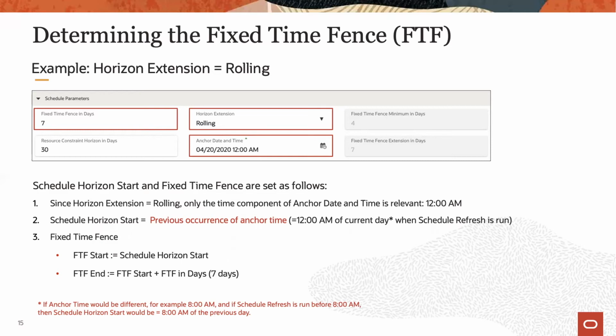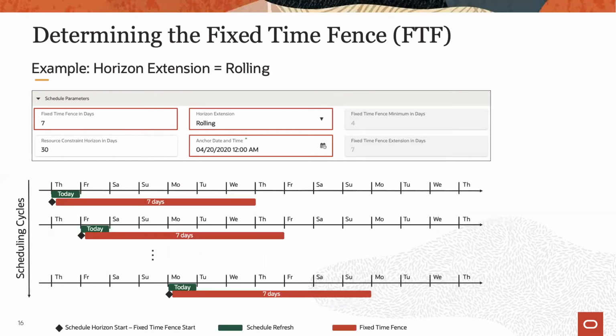Now we will look at a couple examples. In this example, the fixed time fence in days is set to 7 days and horizon extension is rolling. With the time component of schedule option anchor date and time being 12 a.m., the schedule horizon start and the fixed time fence start is always 12 a.m. ahead of the schedule refresh time on the current day.